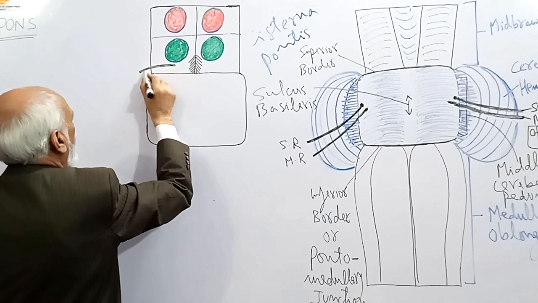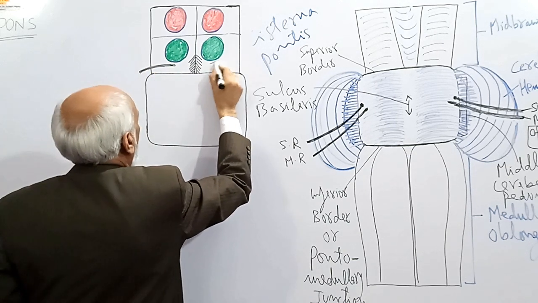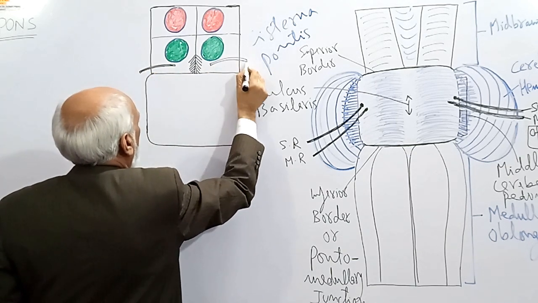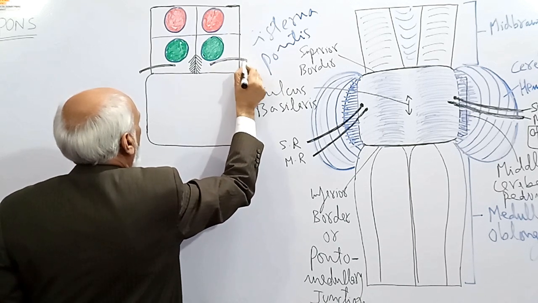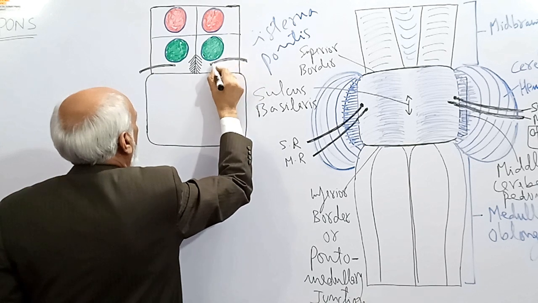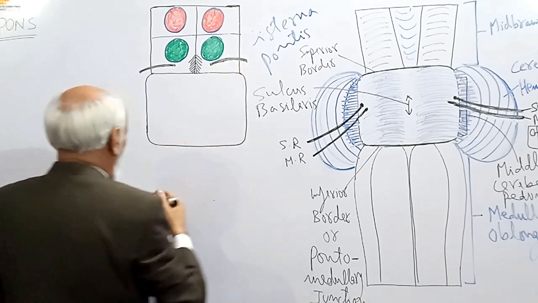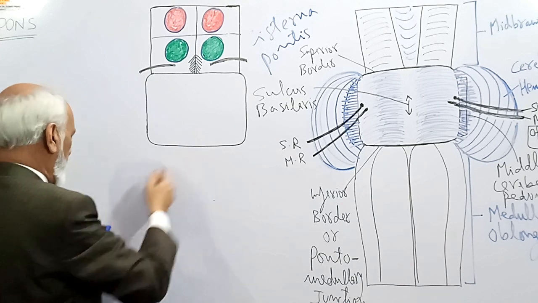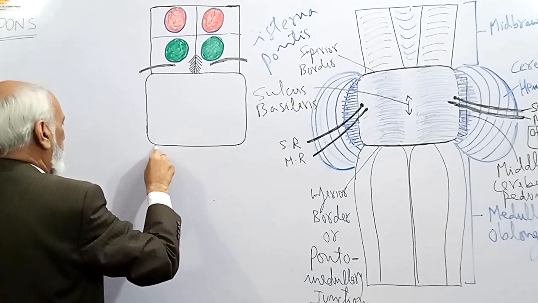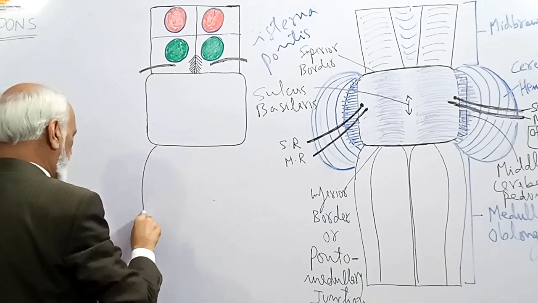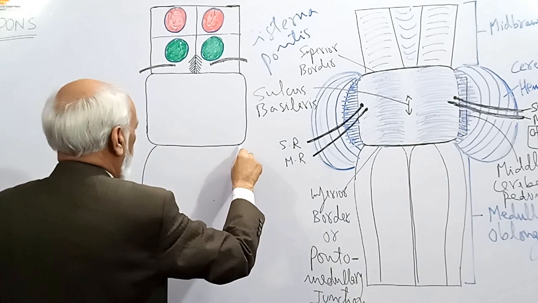This is the right trochlear nerve and this is the left trochlear nerve. Below is the posterior surface of the pons. This is the posterior surface of the medulla oblongata.